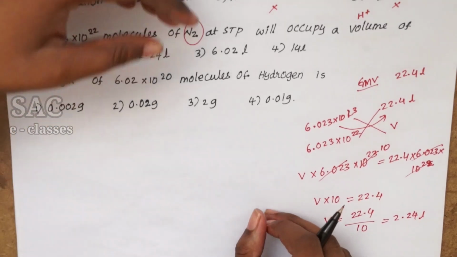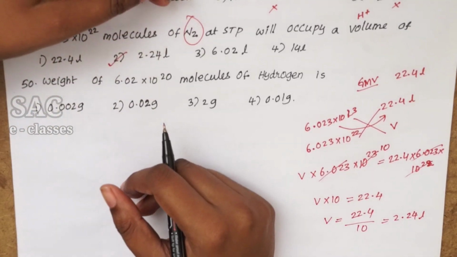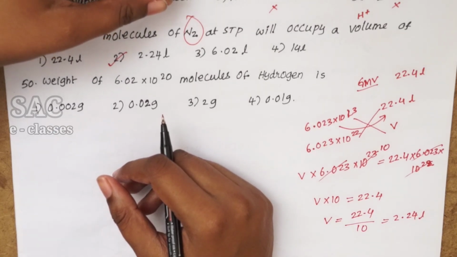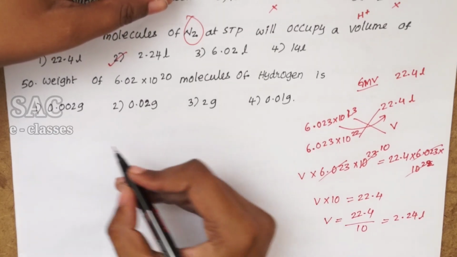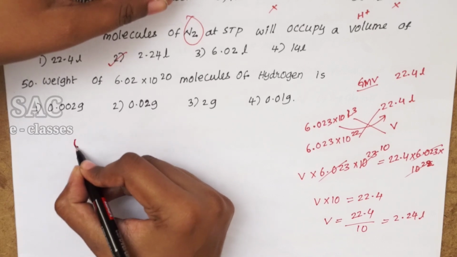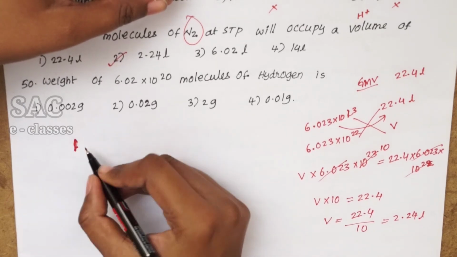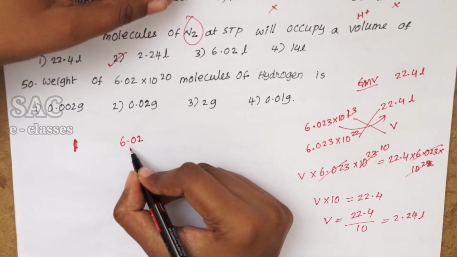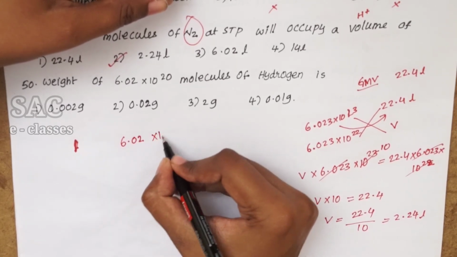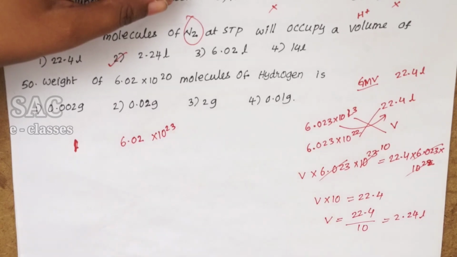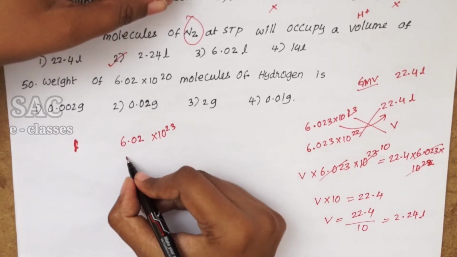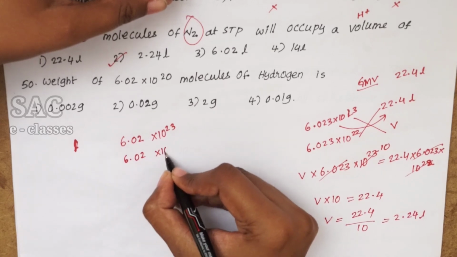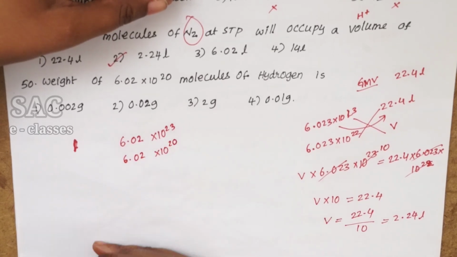Weight of 6.02 into 10 to the power of 20 molecules of hydrogen. We know 1 mole of any gas contains 6.02 into 10 to the power of 23 molecules. But this time, 6.02 into 10 to the power of 20 molecules are there.